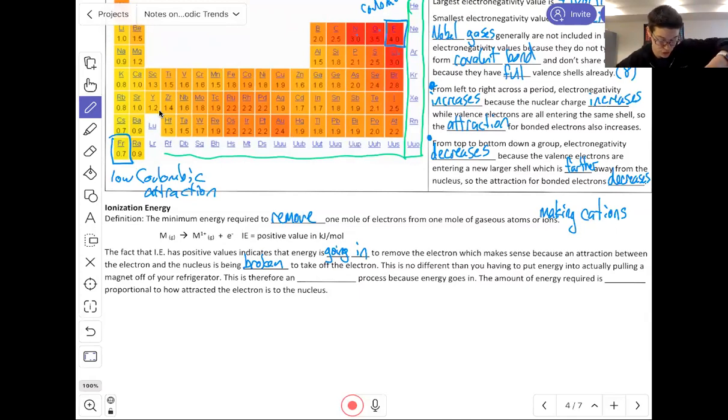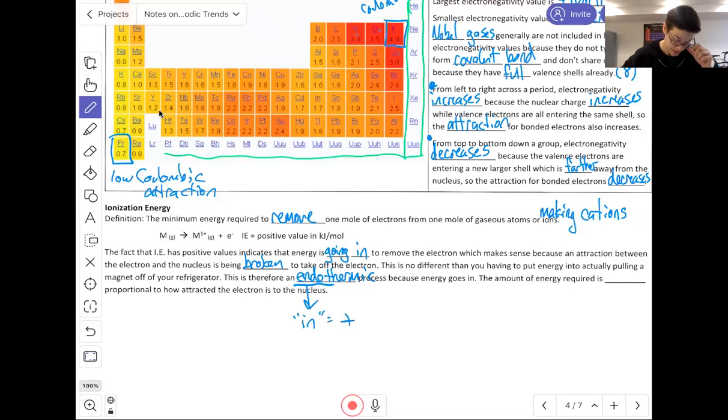So it requires energy to break an attraction. So that should make sense. And if energy is going in, and if it is positive, is that exo or endothermic? Endothermic? It is endo. Because endo means in, and it is positive.